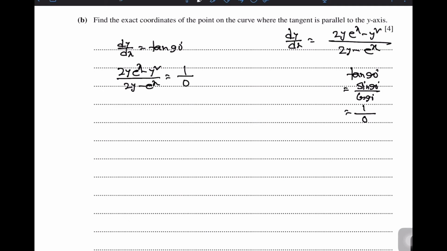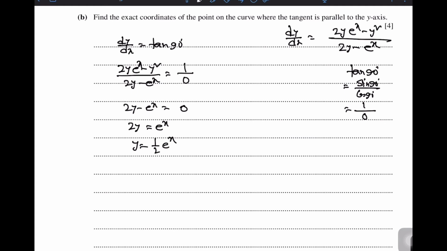Let us do cross multiplication. So 2y minus e^x equals 0, 2y equals e^x, y equals half e^x. Let me consider this as equation number 1.